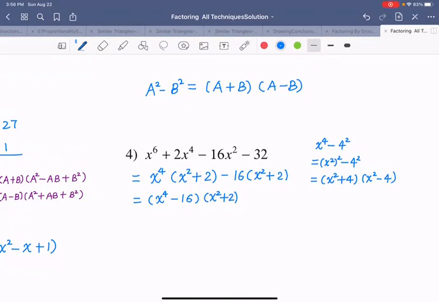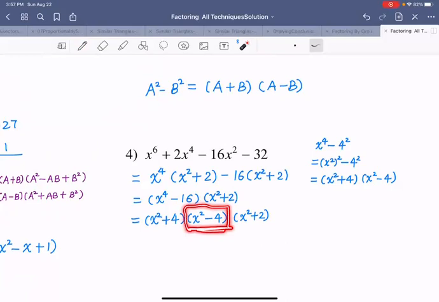Do you understand now? So you rewrite this to be x squared plus 4 squared minus 1 times. Now look at this. This guy can be further factored. Go ahead.